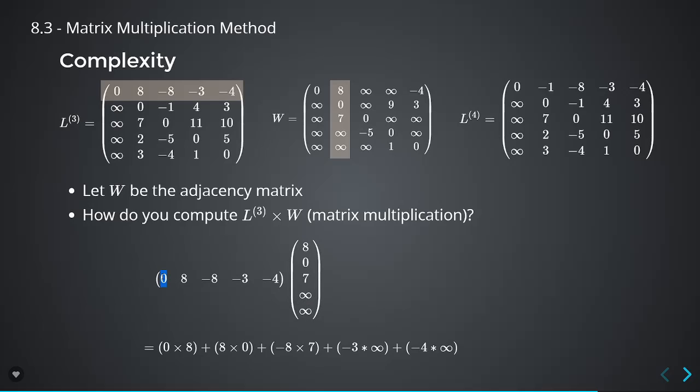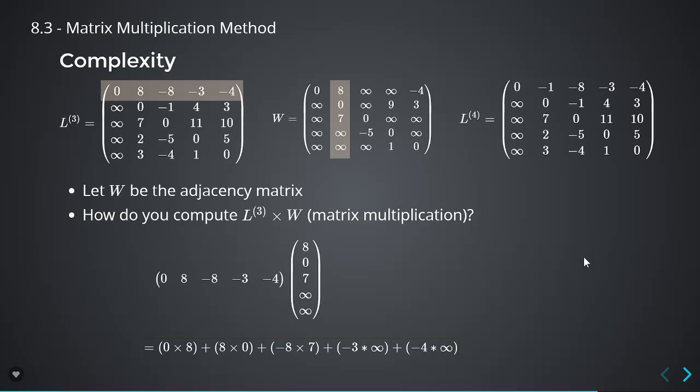So you're going to multiply the first column with the first row here, the second column with the second row, third column with the third row, and so on. This is what you're going to be doing. So you're doing 5 multiplications and 4 additions, or just say you're doing n multiplications and n additions there.